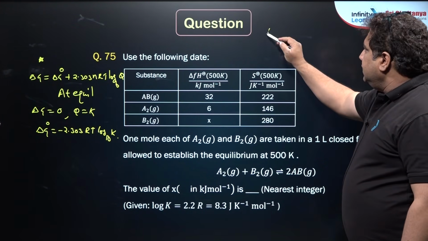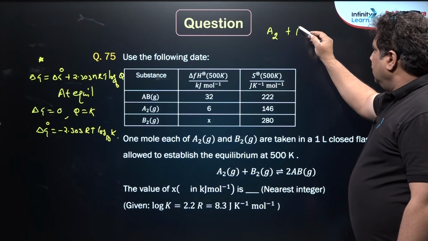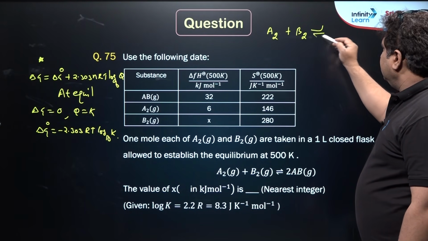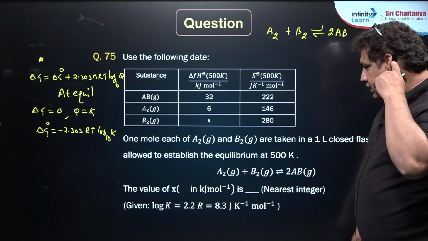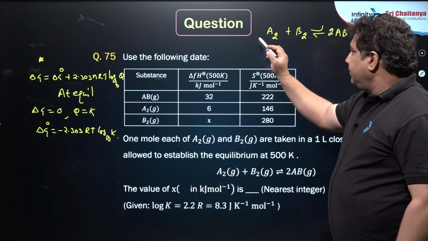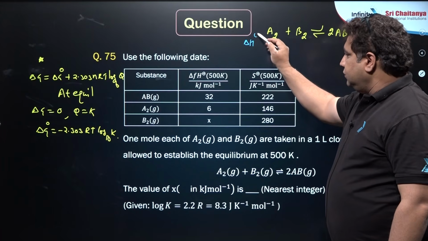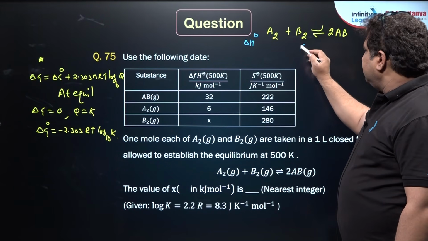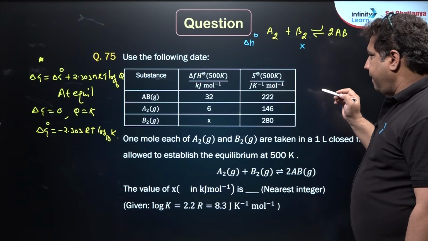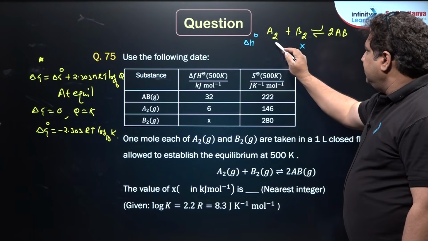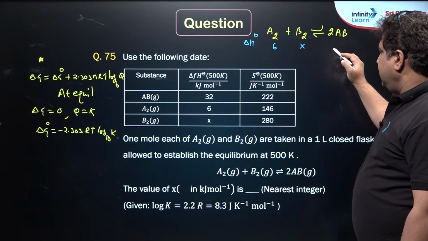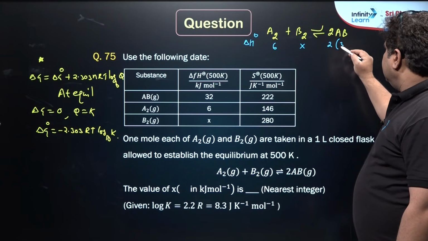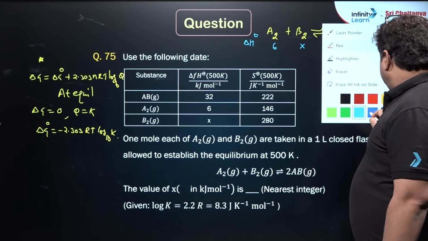Now you can see A2 plus B2 gives 2AB. If you take delta H naught, B2 he is saying X, A2 he is saying 6, and AB is 2 times 32, correct?